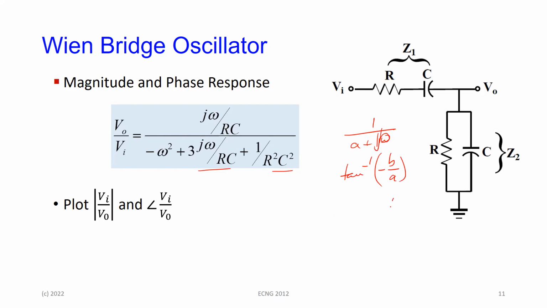If I give you 1 over 1 plus a plus jb, if I want this phase angle to be equal to 0, b has to be equal to 0. Fair enough? If b is equal to 0, then I have inverse tan of 0, which is 0. Make sense? Come on, let me know.